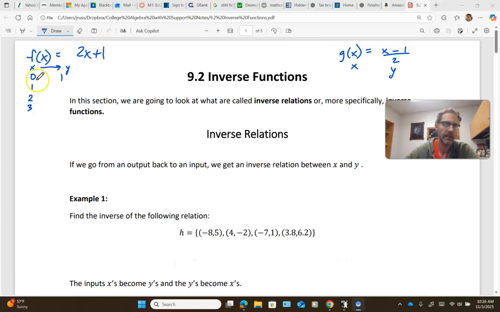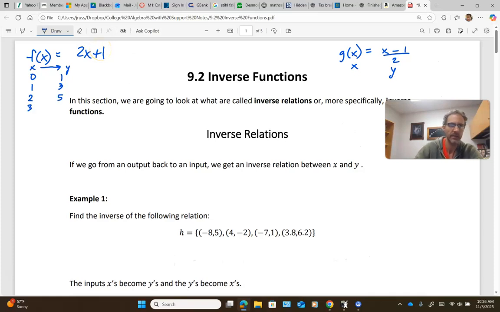And I went ahead and picked some inputs for our function f. So I just arbitrarily chose these values. So when x is 0, if you plug that in, you're going to get 1 for y. Whenever x is 1, you're going to get 3 for y. When x is 2, 2 times 2 is 4, plus 1 is 5.